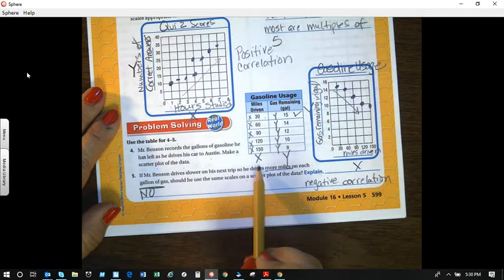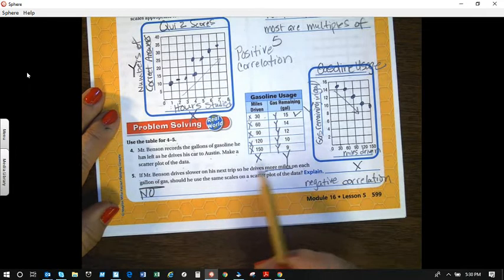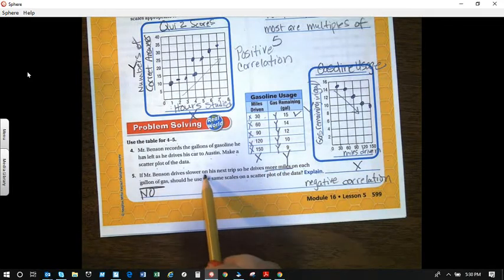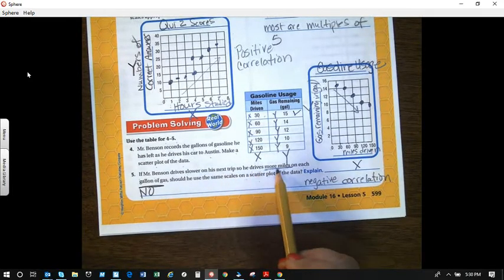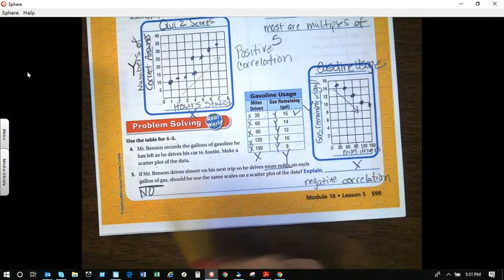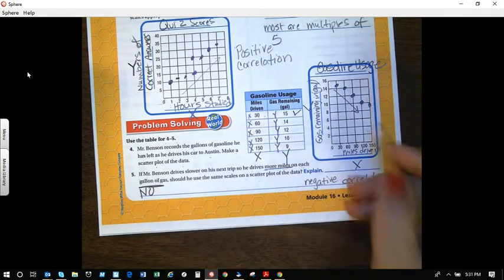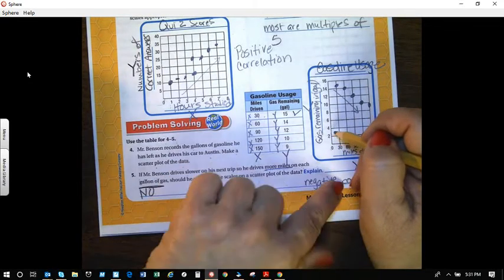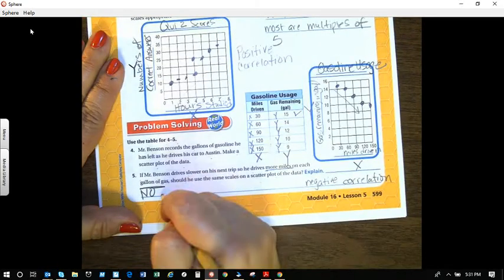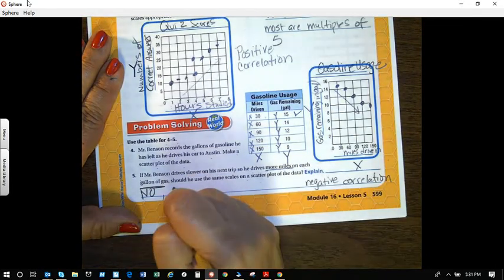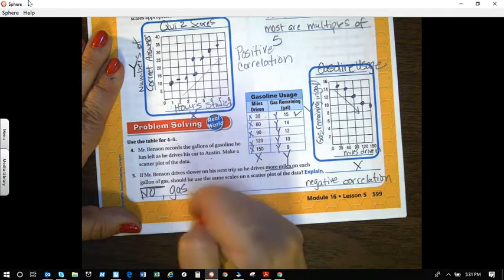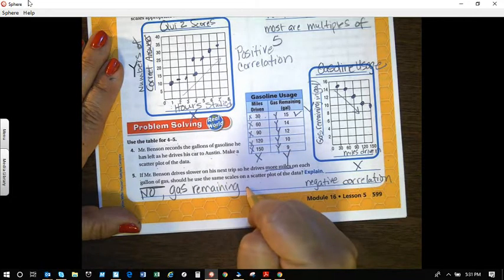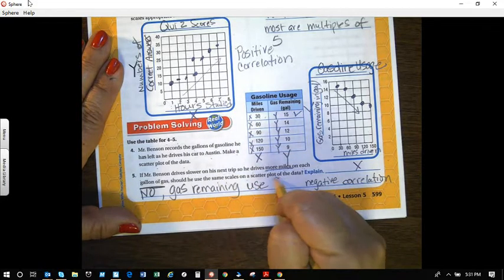Also, with this one right here, if he's going slower on this next trip, so he drives more miles on each gallon of gas, he's going to use less gas for more miles. So for the gas remaining, it would be best for him to use a scale of 1.